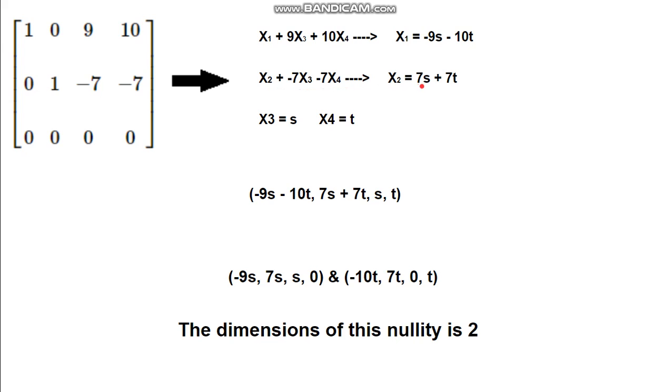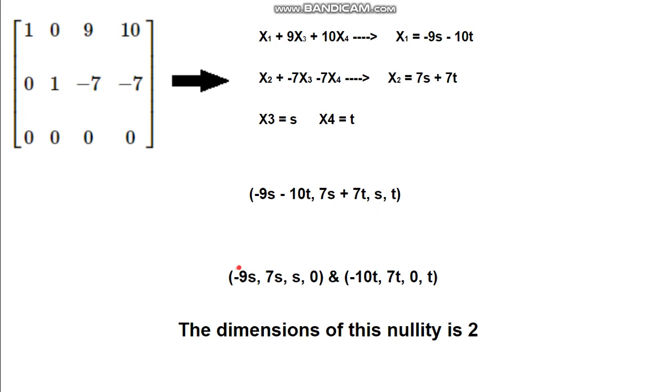right? And now we put these solutions to x1, x2, x3, x4, s, t into here. So we have negative 9s minus 10t, 7s plus 7t, and s and t. Now we split these into 2 because we want to separate the s's and the t's to get the nullity.